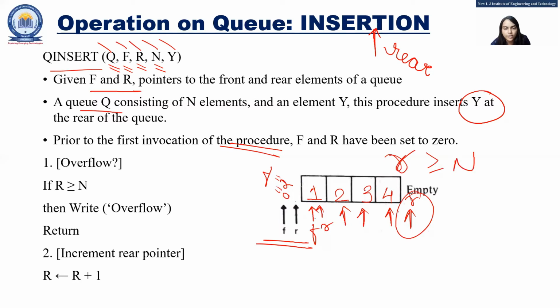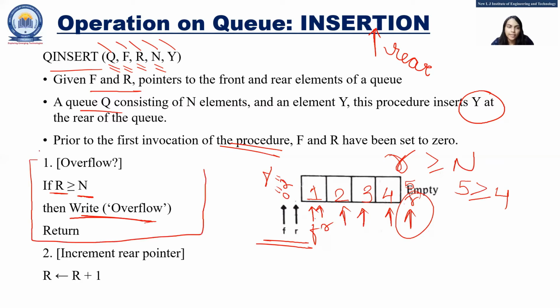Here the pointer is at 5, which is greater than or equal to the size, which is not possible. So if the rear pointer exceeds n, the size of the queue, we need to write overflow and return. While inserting an element in the queue, we always need to check for the overflow condition.